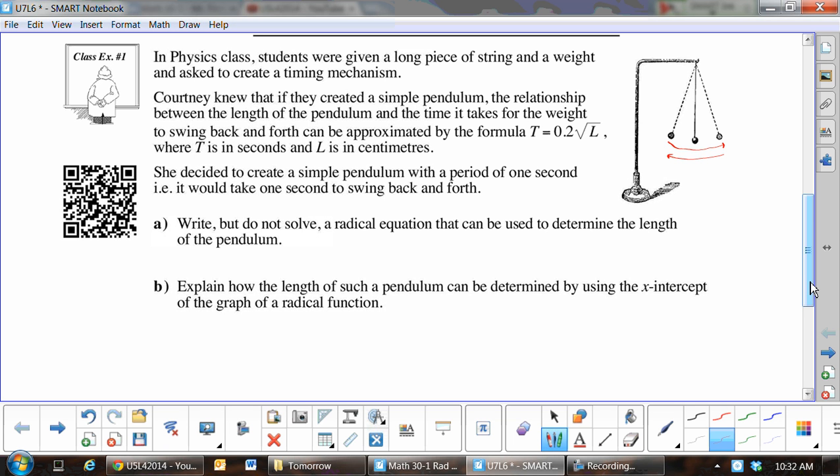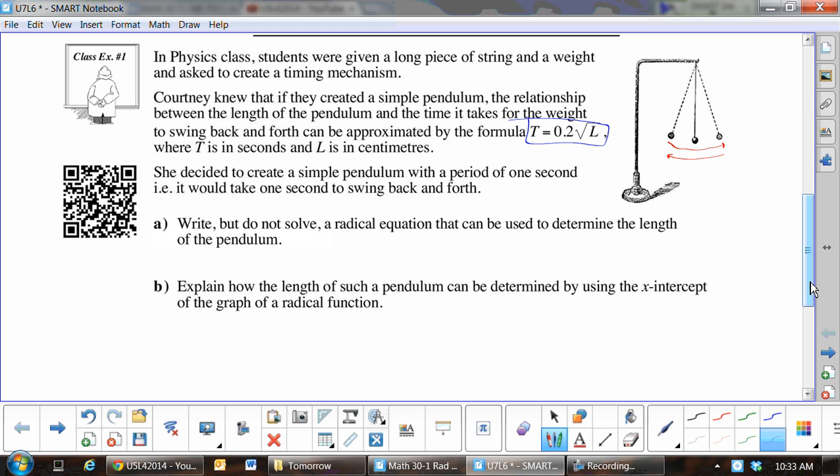If it's really little, it just goes back and forth really quick. So the longer the string, the longer the time it takes for one period, which we call there and back. So some smart little physicist came up with: time equals 0.2 square root the length of the string.